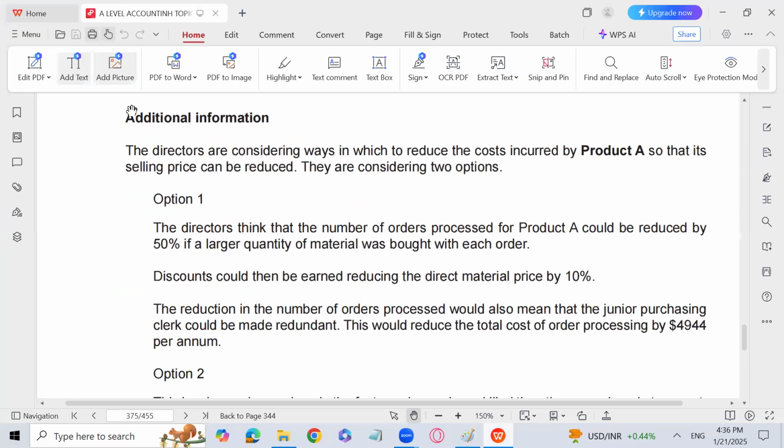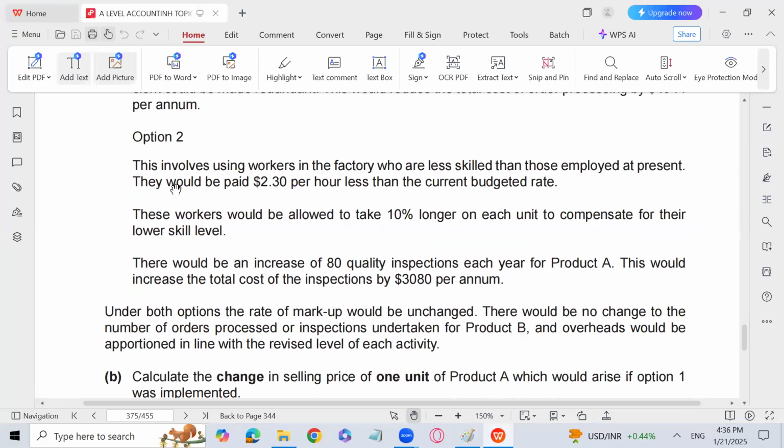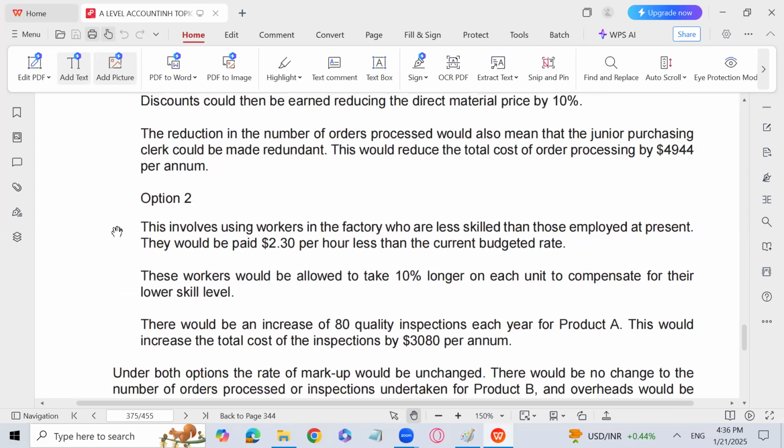Next part, option 2, involves using less skilled workers in the factory, which means we are going to make the quality workers redundant and hire less skilled workers than those employed at present. They would be paid $2.3 per hour less than the current budgeted rate.